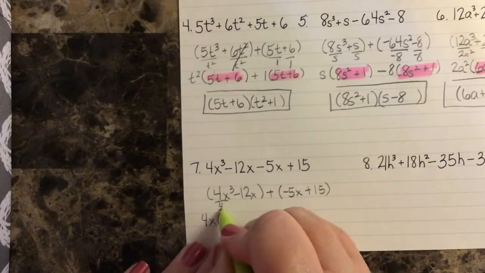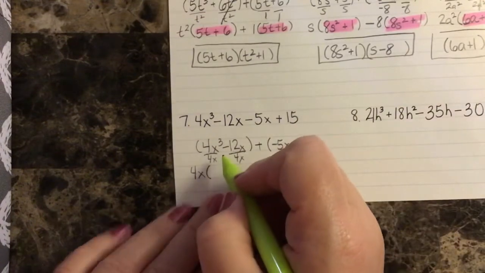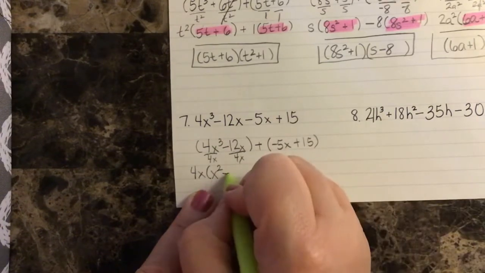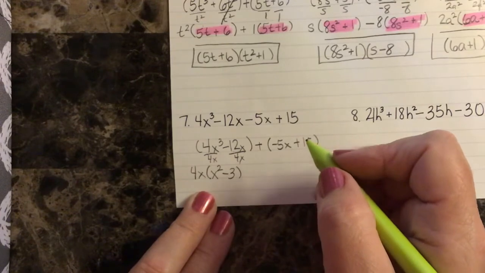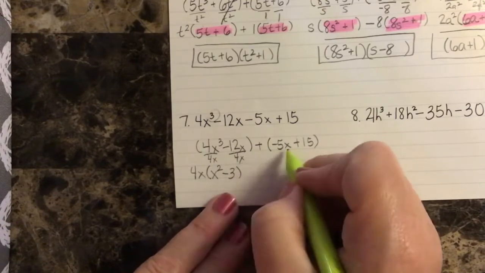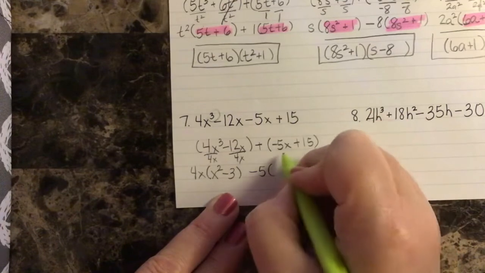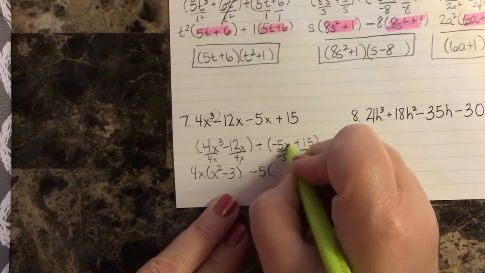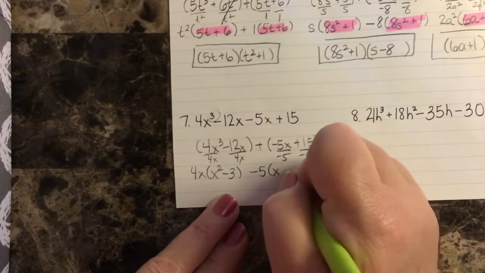And when I divide these by 4x, I'm left with x squared minus 3. I wonder if that was, I have to see. And then I'm going to factor out -5. -5x divided by -5 is +x. 15 divided by -5 is -3.